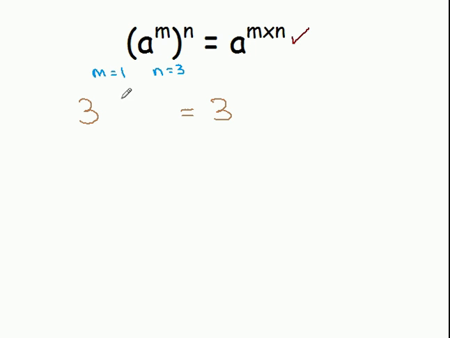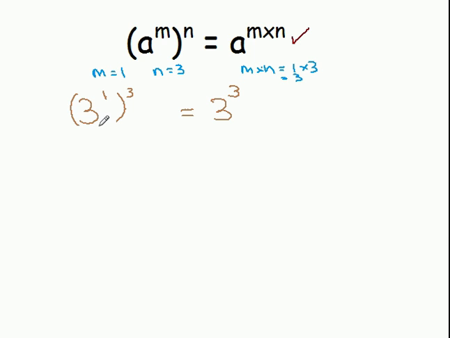So that's going to look like this: 3 to the power of 1, to the power of 3, and what that should equal is m times n, 1 times 3, which is 3. So this should give us 3 to the power of 3 over here.